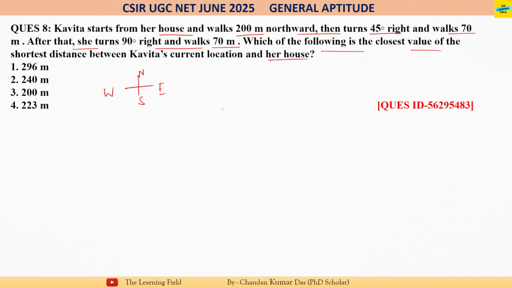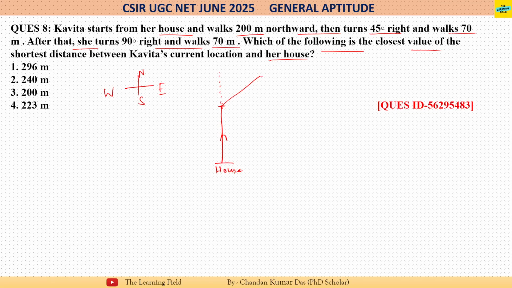Fine. So suppose Kavita starts from here. This is the house and she goes in this direction. Fine. Now she takes a 45-degree turn. Suppose this is the 45-degree turn she takes.